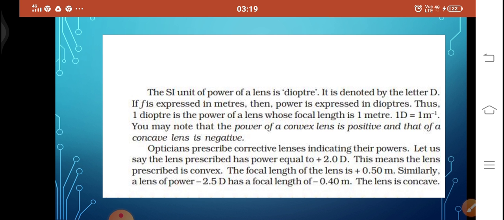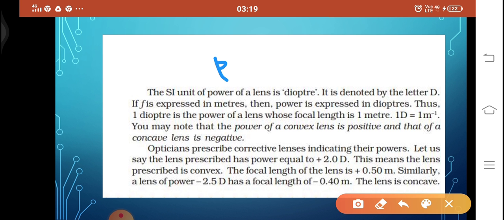Now when we say power equal to 1 upon f, if the sign of f is plus, power will be plus. If the sign of f is negative, power will be negative. So the convex lens has positive focal length, therefore its power will be positive. Concave lens has negative focal length, so its power will be negative.